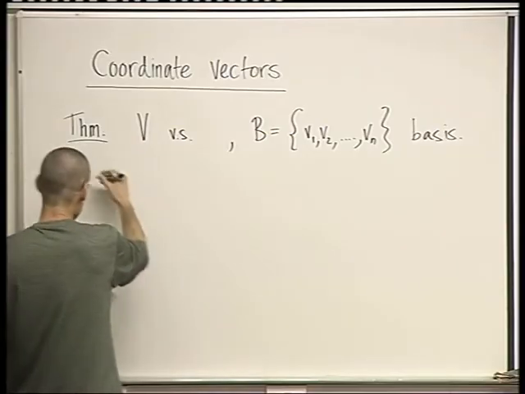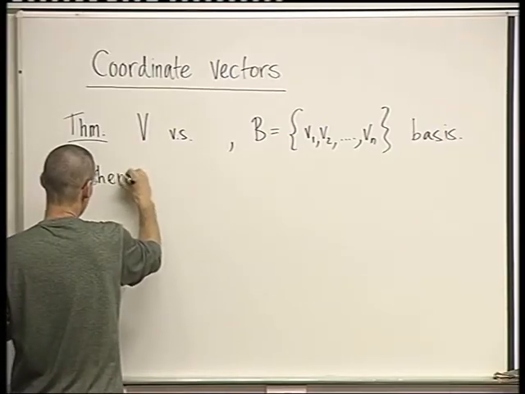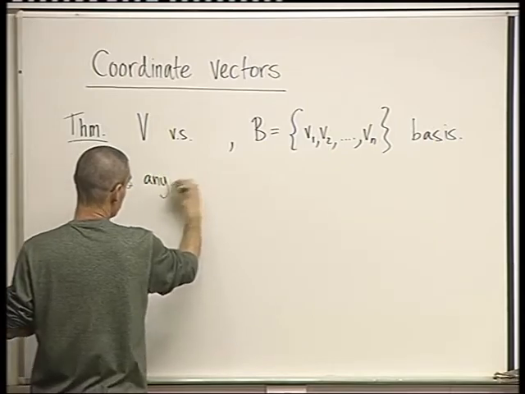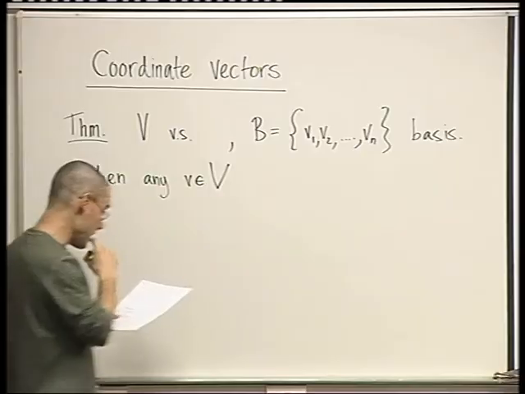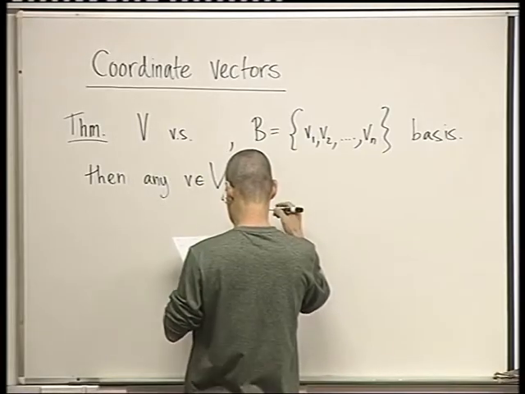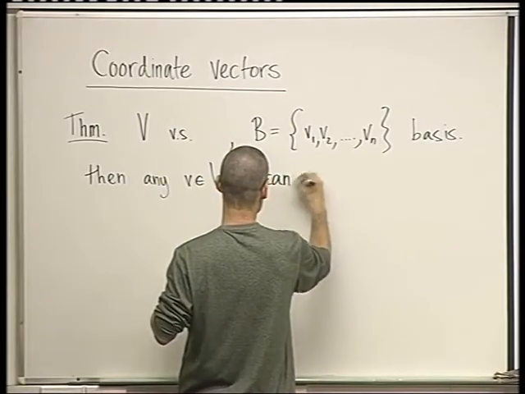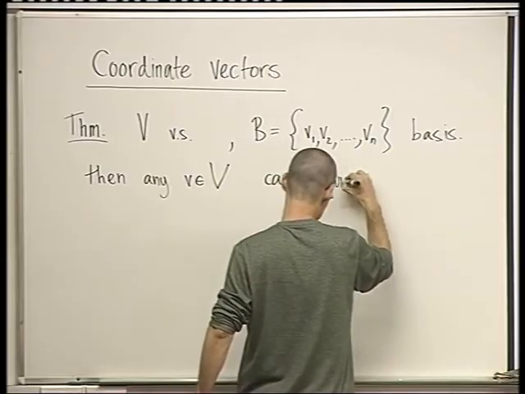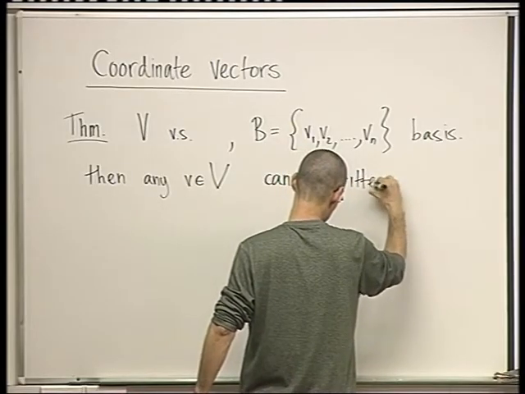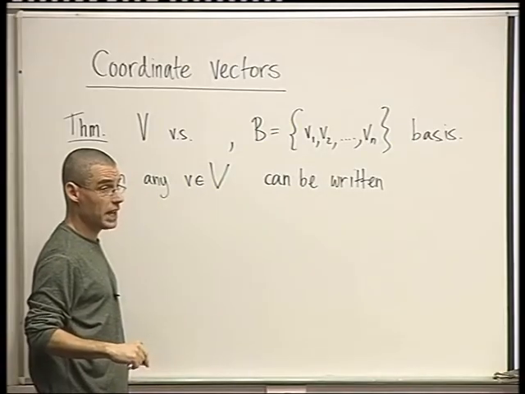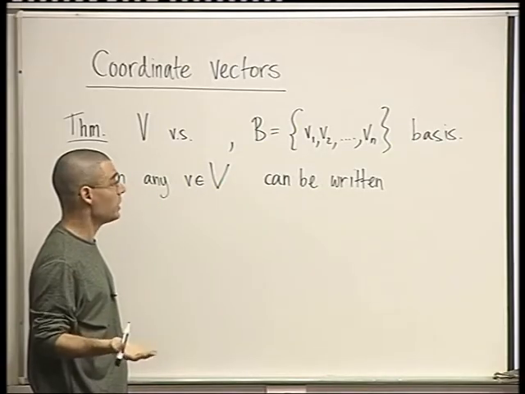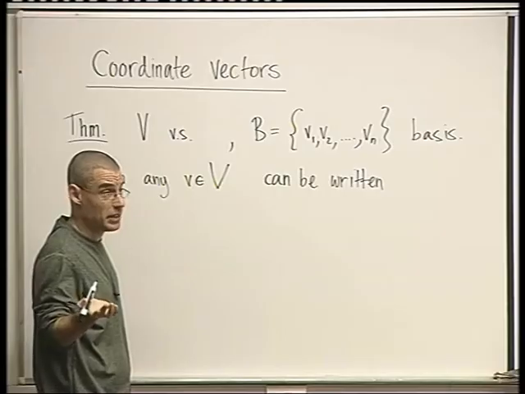And the statement is then any element v in V, any vector in the space, can be written as a linear combination of V1 through Vn. That's obvious. That's the definition of being a basis, of being a spanning set.